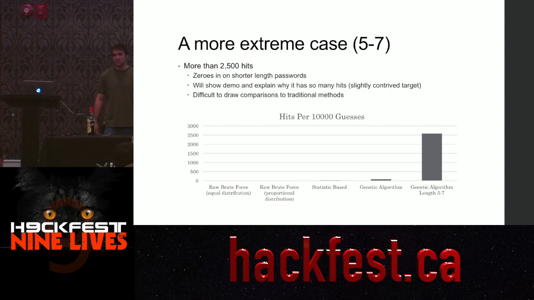Basically what it did was zero in on shorter passwords, because it's easier to guess shorter passwords. It zeroed in real quick on that and started guessing shorter passwords. I just love this graph because it's like, what? You can't even see these first two, then you can kind of see the statistical base, which looks like a blurred line, and then you've got this massive one.